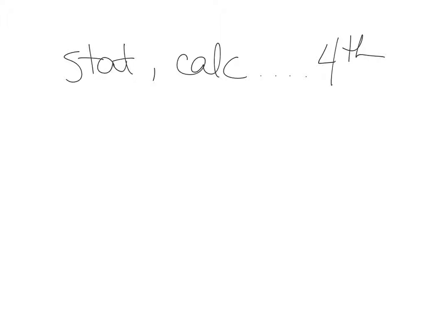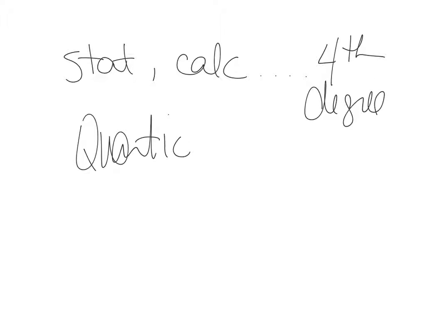Okay, if we go back to our Stat button and then Calc, we said that we have 5 data points, so we're going to do, I said cubic in the last one, didn't I? I'm sorry. It's a 4th, no, I said 4th degree. So we need to find the 4th degree regression, which is the quartic regression.